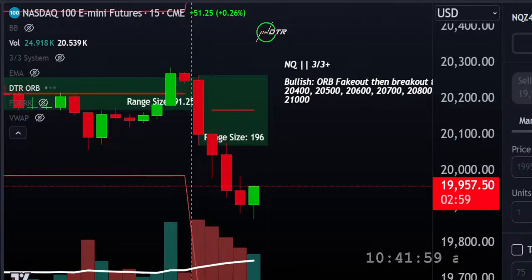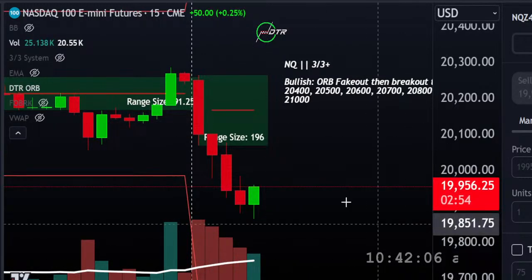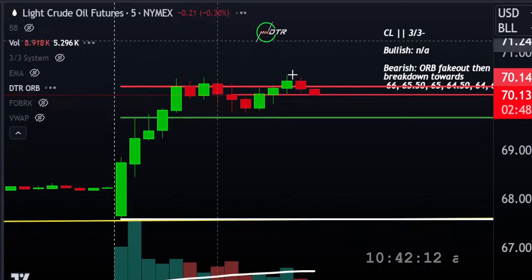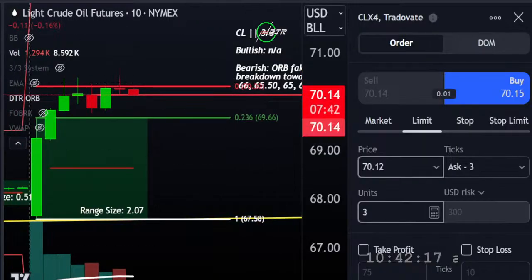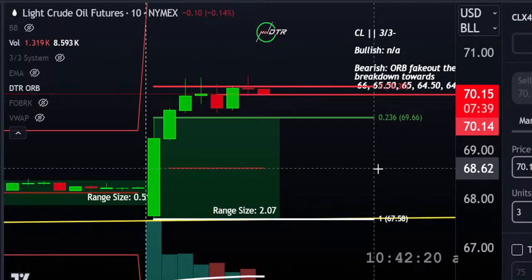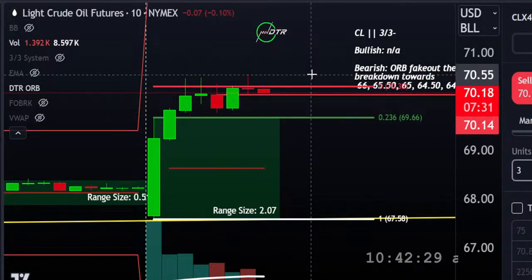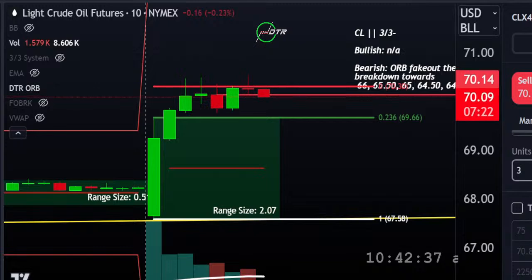Yeah, watching that as well. Same idea, right? Consistent lower lows on decreasing volume. Okay, so that looks like elevator.